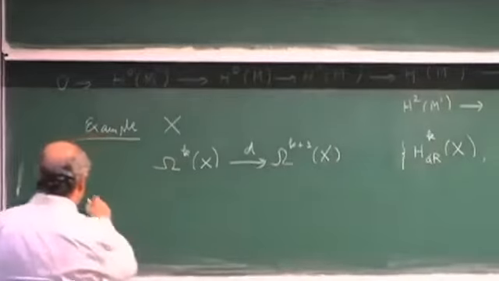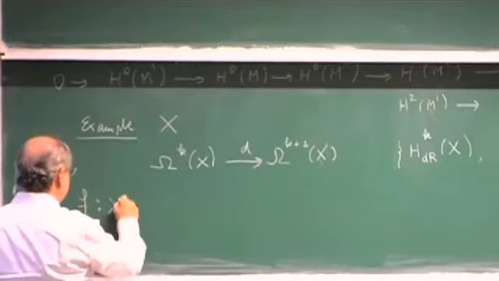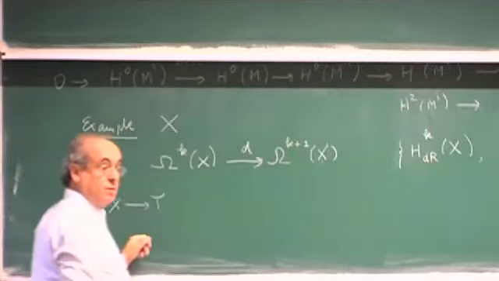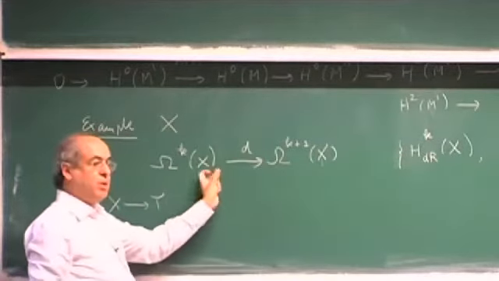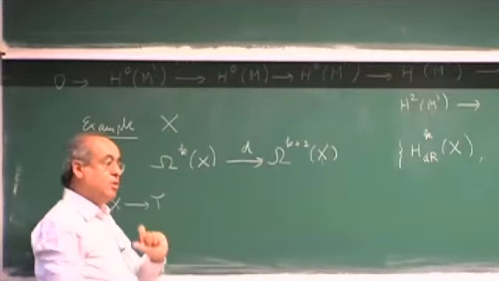What you are referring to is the following, I guess: if you have a morphism between two differentiable manifolds, then you have an induced morphism between the complexes, which goes the opposite way.